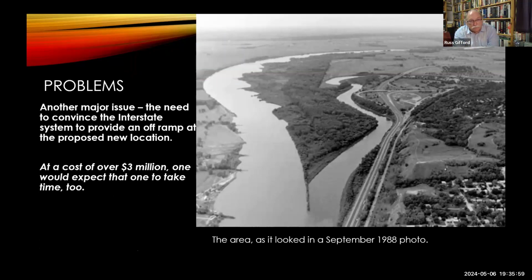And another problem is that interstate exchange that I talked about. Realize that while it's changed today, we do see, whereas towns are spreading out, if you have the right situation, the right people, all of a sudden they will kick out and make a new interchange. But at the time of this, it was going to cost around $3 million at least.